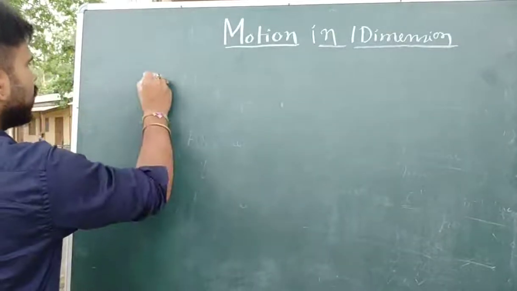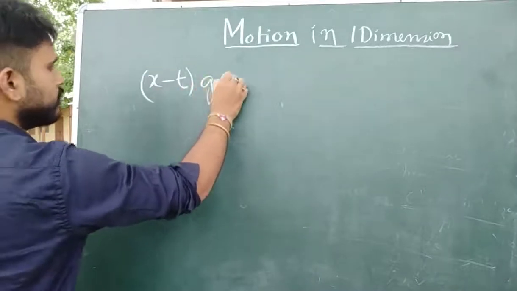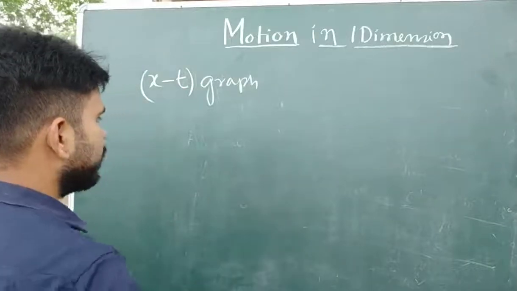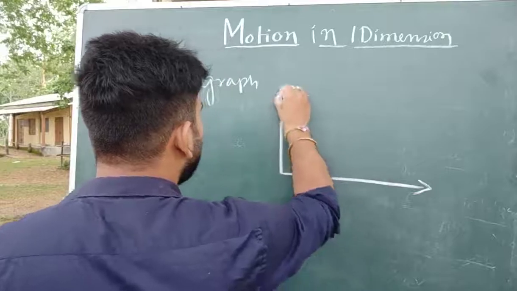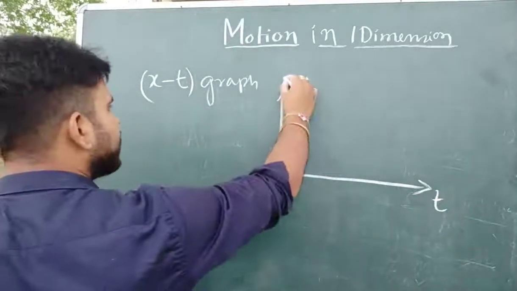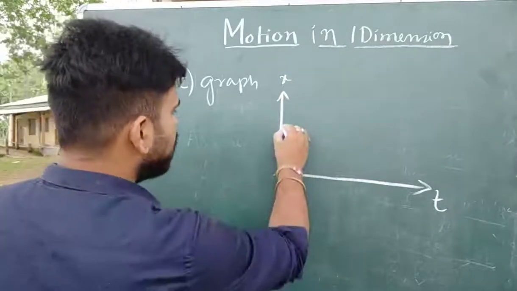Now I draw some position versus time graphs to visualize the concept completely. In this case, the x-axis represents time and the y-axis represents displacement or distance, that is x.